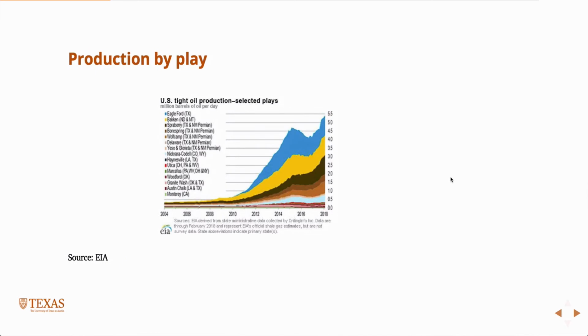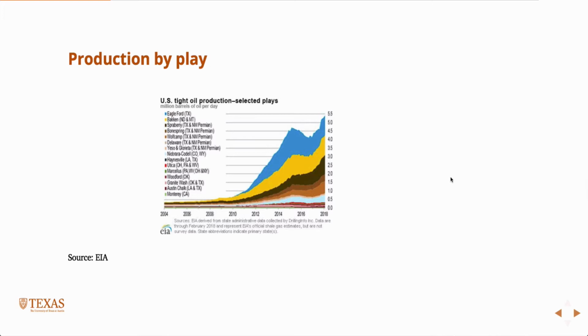If you look at production by play, there's a lot of talk recently about the Permian Basin, and that's where all the new drilling activity is going. But the Eagle Ford still leads in terms of a single play.